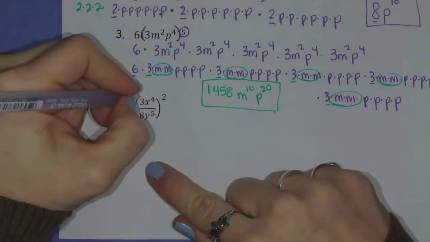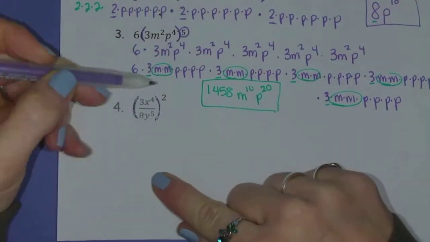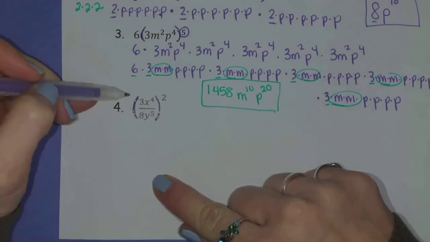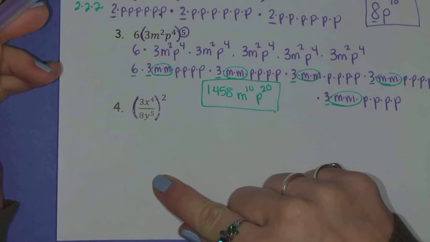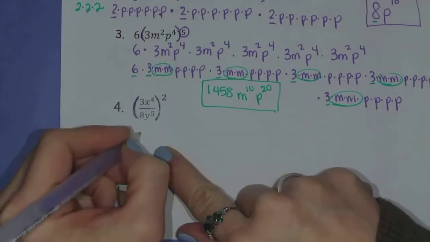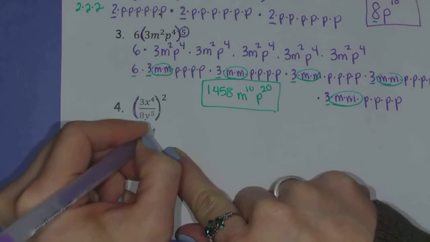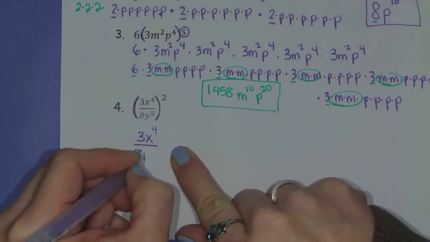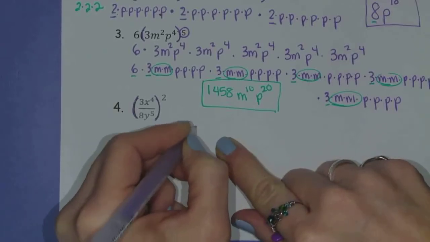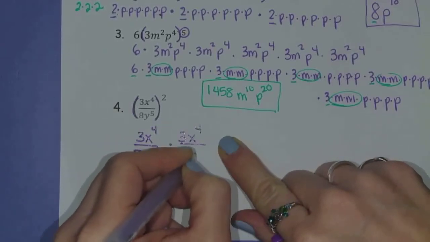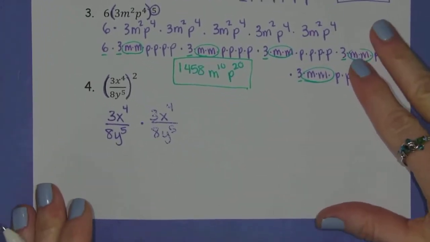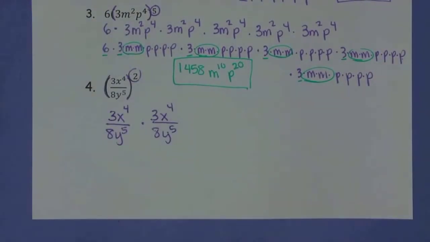So we've got the quantity 3x to the 4th divided by 8y to the 5th, and we're taking all of this to the 2nd power. No biggie. We know that means write it twice. So I've got 3x to the 4th divided by 8y to the 5th times itself: 3x to the 4th divided by 8y to the 5th. So that takes care of this.